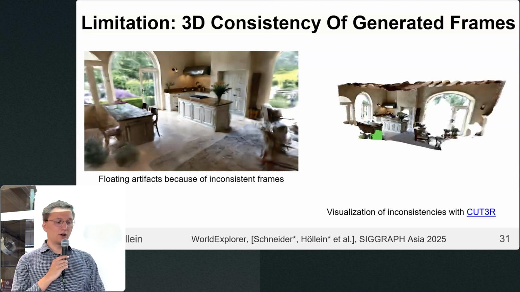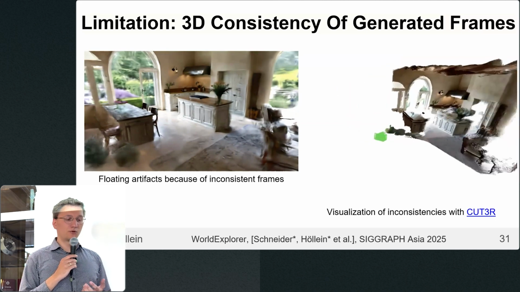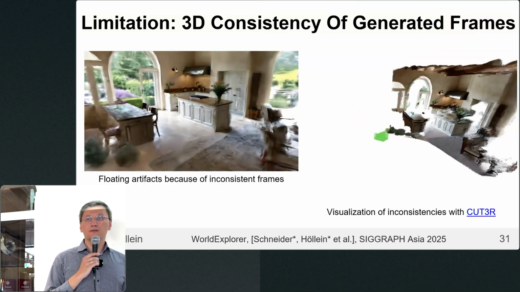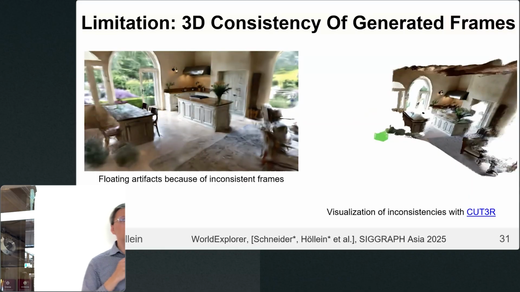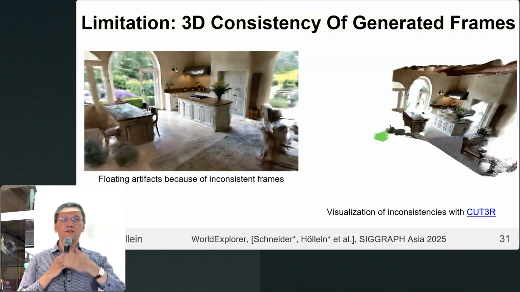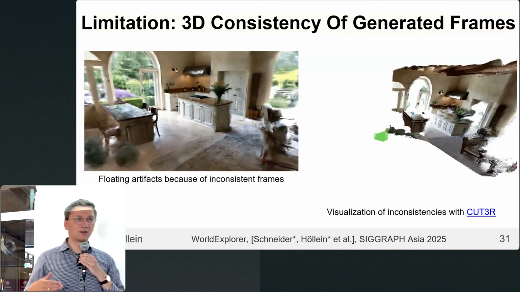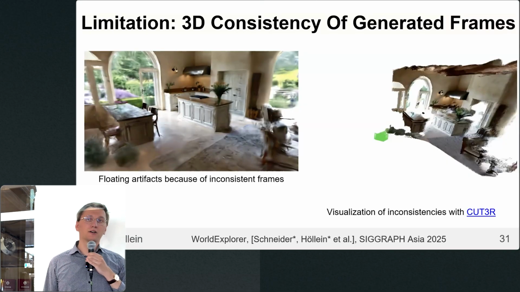And you can see this on the right, where we run a method that reconstructs a 3D point cloud geometry per frame. And as you can maybe see, the tables don't align. So hopefully you can see that there are multiple surfaces of this front shelf of the table, and they are not all in the same 3D position. And if you now imagine you run a 3D reconstruction on this input, of course you will not get a good looking geometry, so that explains why these floating artifacts occur.